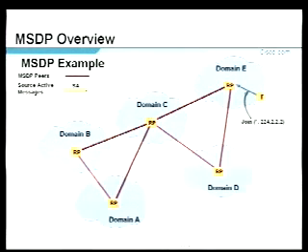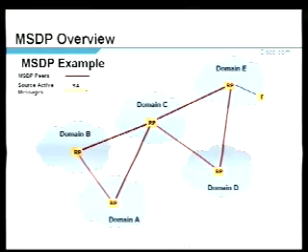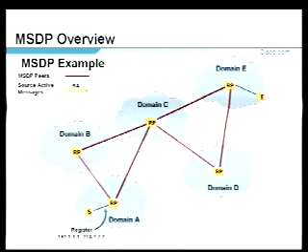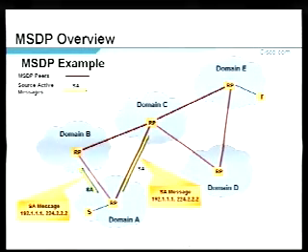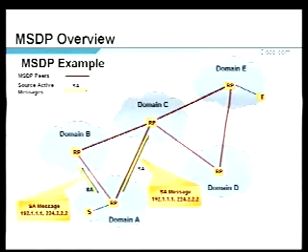Let's say that in domain E you have a receiver that wants to join a particular group. It wants to receive Fashion TV. So it sends a join to that domain E's rendezvous point. In domain A is where the actual source is for this stream. It starts sending out the packets and registers to the rendezvous point in domain A. As soon as a register is received by that rendezvous point in domain A, if it's configured for MSDP peering with all these other rendezvous points, it will send an MSDP SA update, a source active update, just letting everybody know in a small packet that this is the source and this is the group.